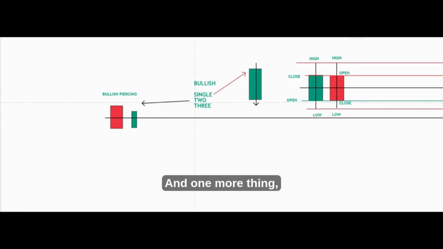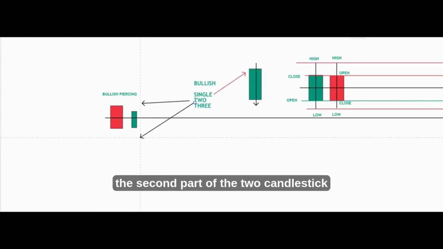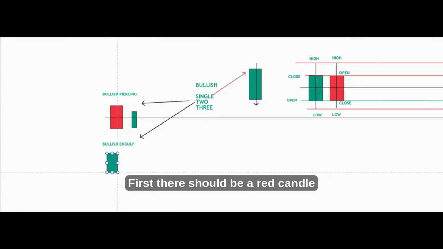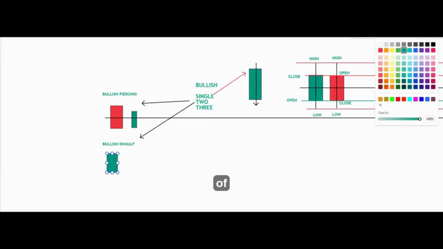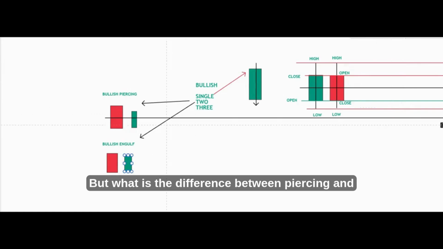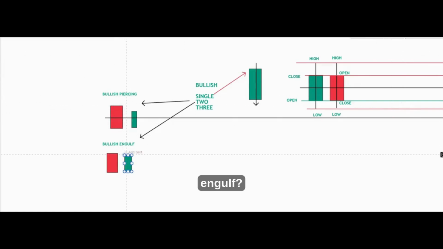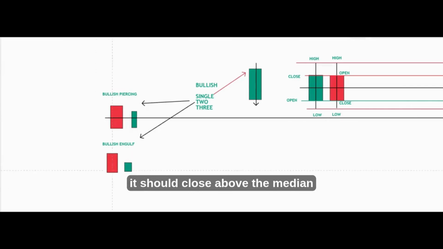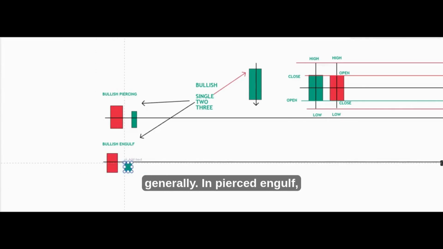And one more thing, the second two candlestick pattern is bullish engulfing. Here the situation is the same. First there should be a red candle of decent size, followed by a green candle. But what is the difference between piercing and engulfing? In piercing, as I said, it should close above the median generally.